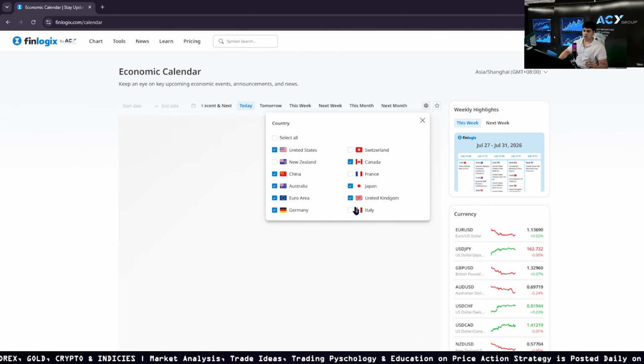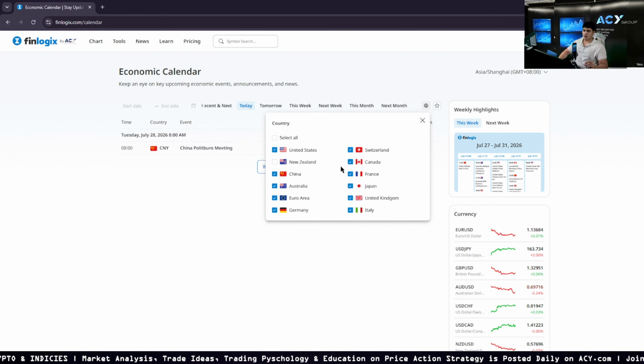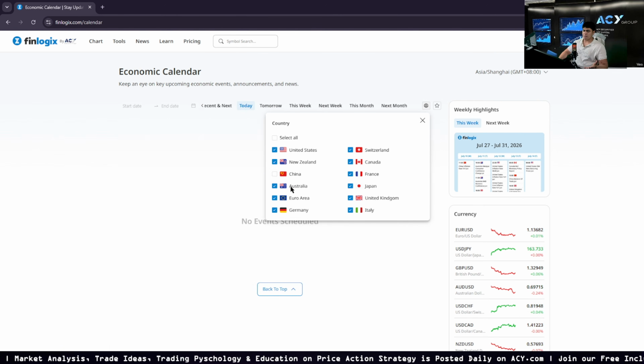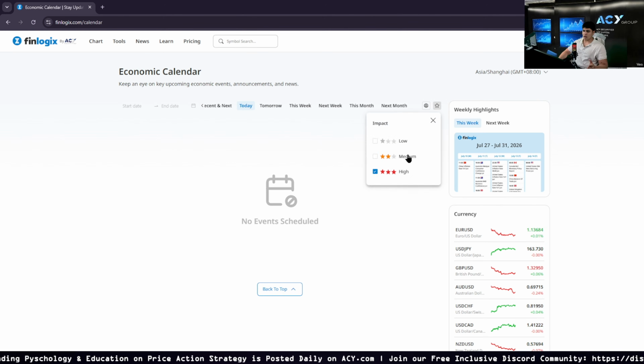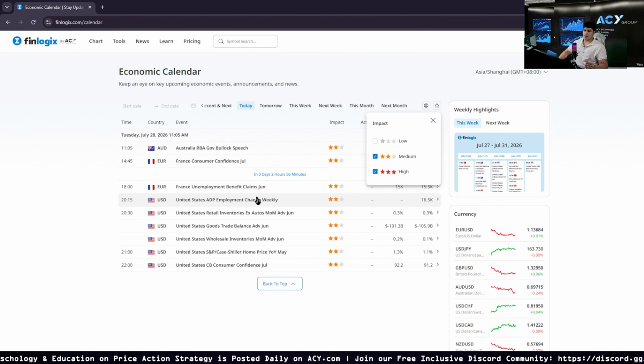We could turn on all the other currencies except the China pairs, because I don't look much at CNY pairs. As you can see, there is no high impact news, but there is some medium impact.